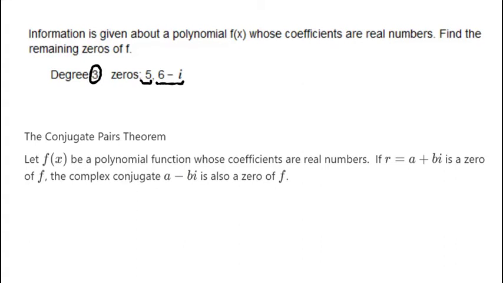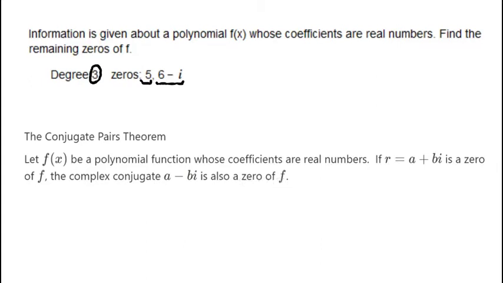The conjugate pairs theorem says that if f of x is a polynomial function whose coefficients are real numbers, and r equals a plus bi is a zero of f, so we have a zero that is a complex number, then the complex conjugate a minus bi is also a zero of f.